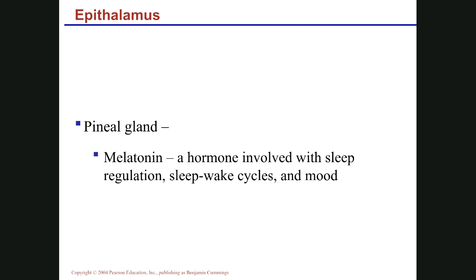But then winter comes along and the days get shorter, nighttime, darkness gets longer, and so melatonin levels go up. And when melatonin levels go up, we tend to sleep more, we tend to eat more, we tend to exercise less. In fact, we sort of almost, in a way, begin to hibernate.